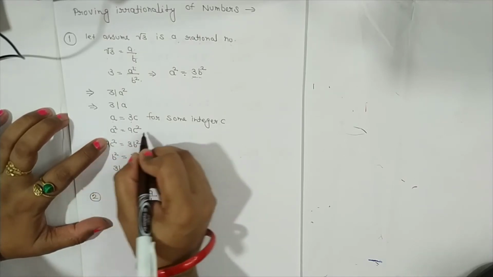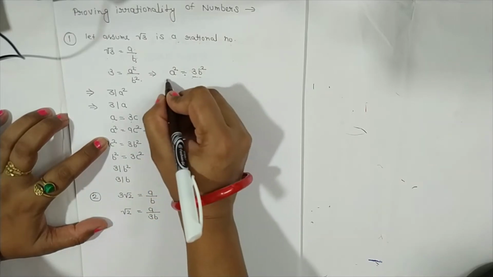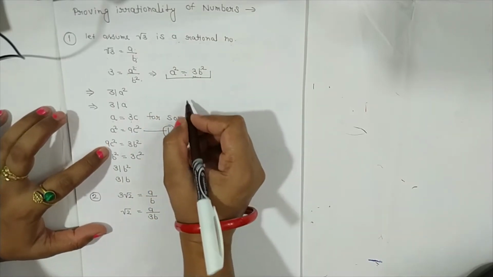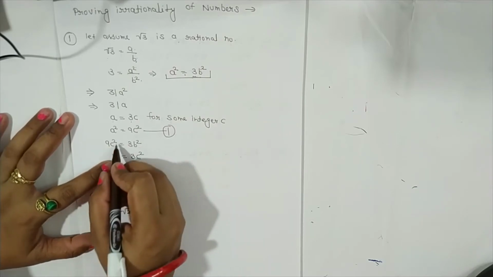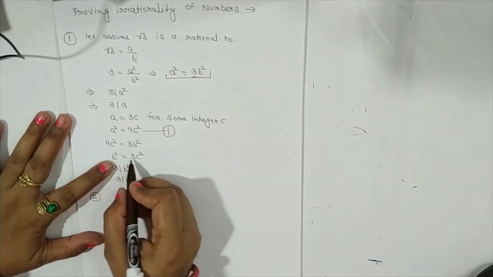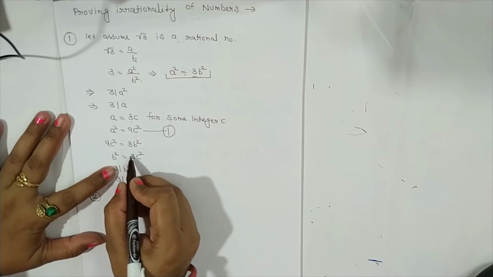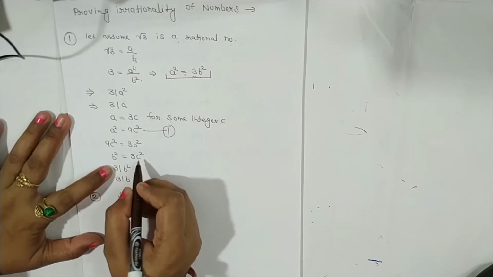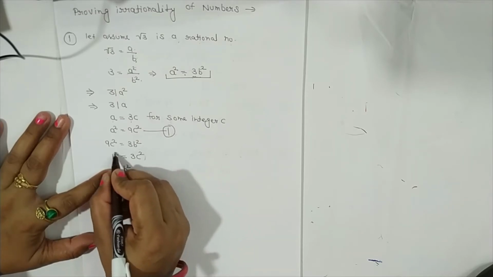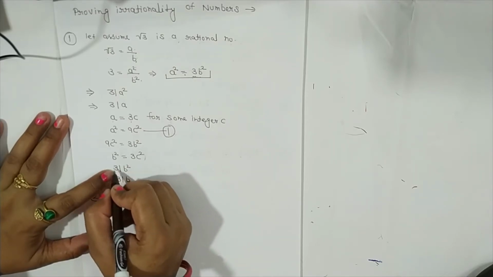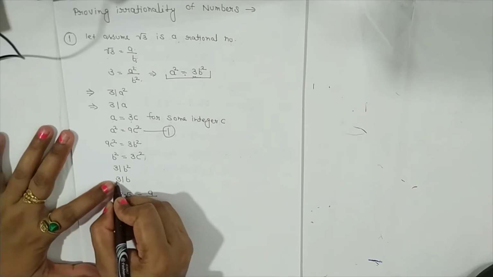Now put these values into this, so 9c square equals 3b square. When we simplify it, b square equals 3c square. It means b square is divisible by 3, so we can say that b is divisible by 3.